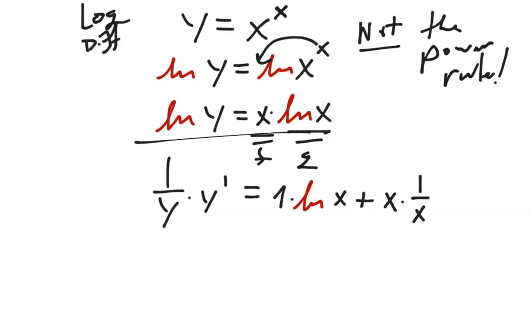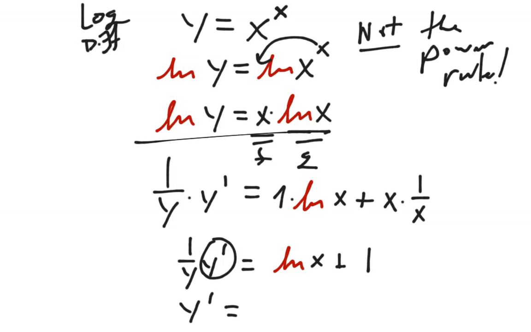Let me simplify this. I'll have 1 over y times y prime equals 1 times natural log of x, which is simply natural log of x, plus x over x, which is 1. Almost done. Now I just have to solve for y prime. So I'm going to multiply y over, so I'll have y times natural log of x plus 1.